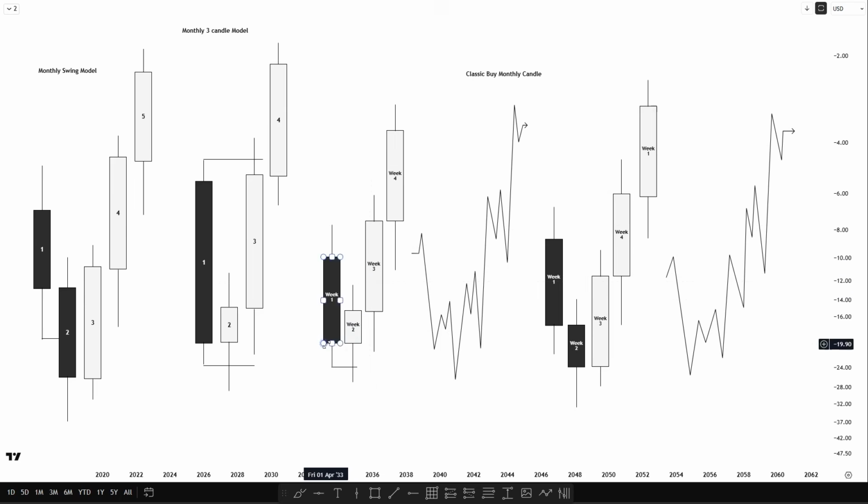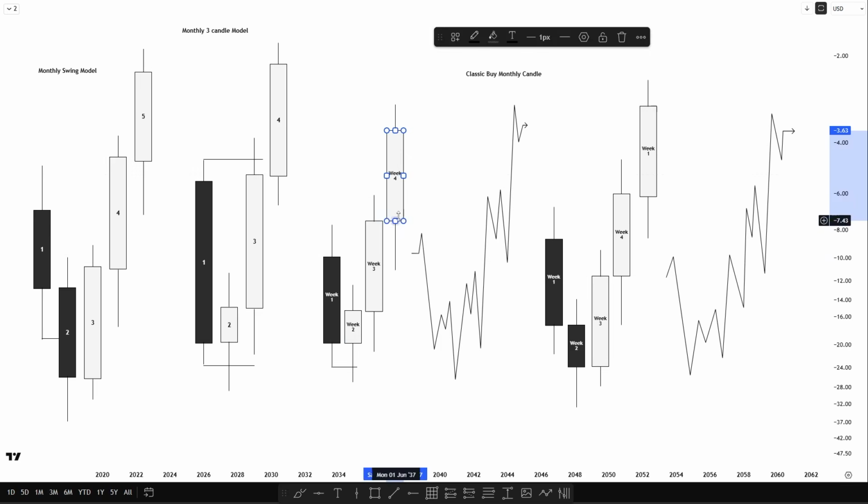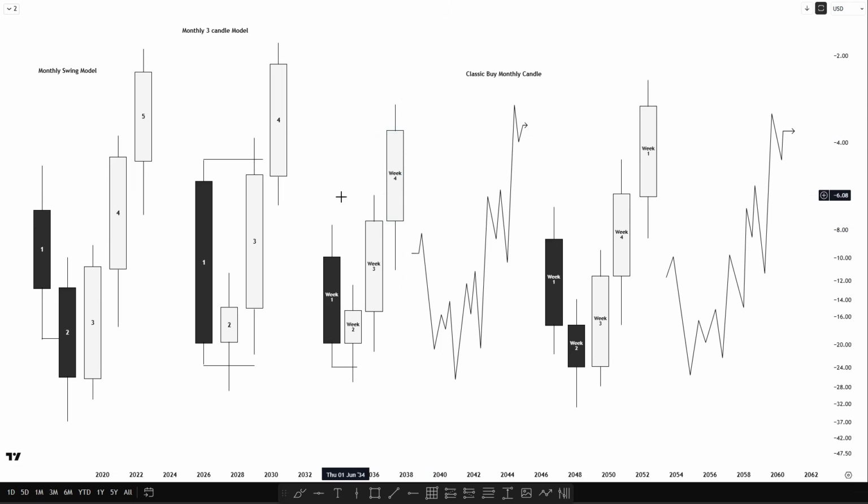And after the swing and the CSD, this is a good signature for week number 4 to be an expansion, classic buy, right? So before the monthly opens, right, this is our idea, right? Week 1 range, week 2 manipulation, and so on, right?